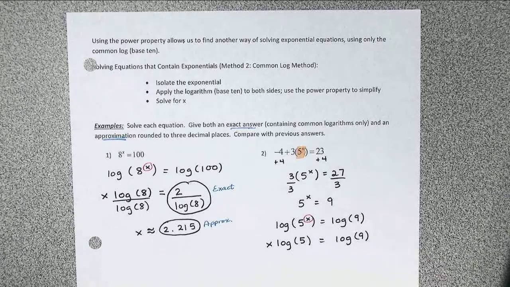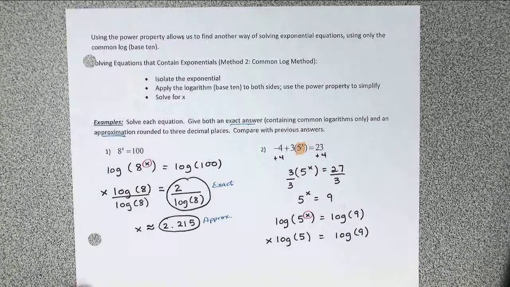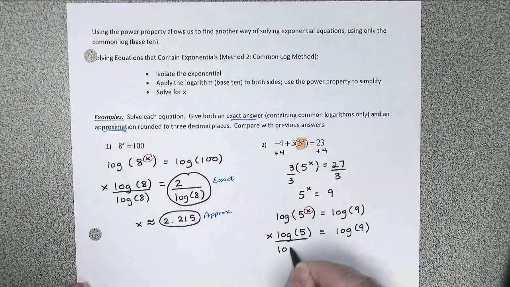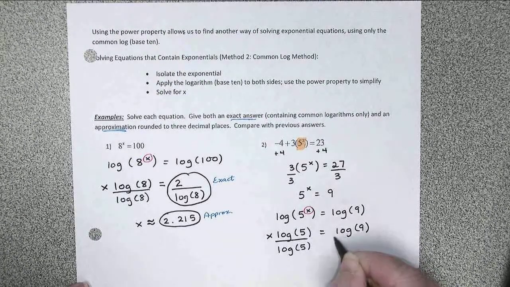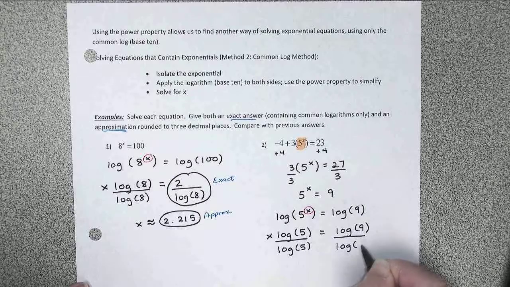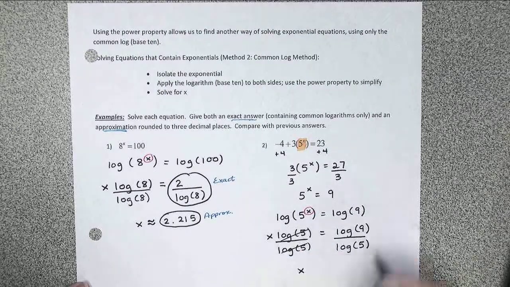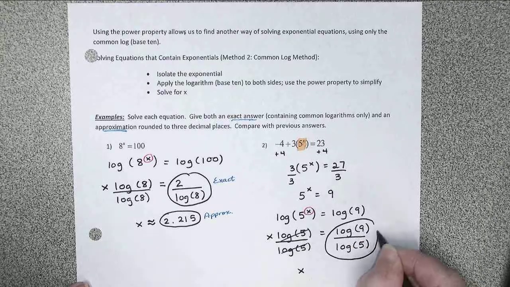And this time I don't recognize either of those. Neither one of them simplifies to some nice number, so I'll just leave them in this form. To get x by itself, I have to divide by the log of 5. There's my exact answer right there.